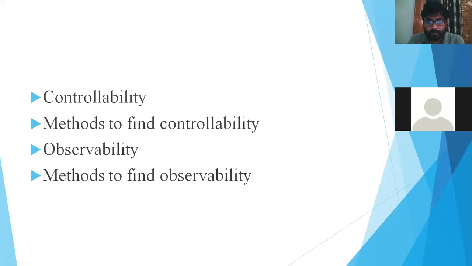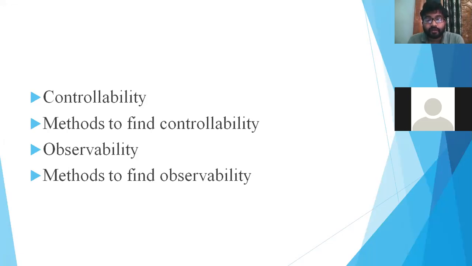These two are very important, very easy. Here you need to identify whether the given system is completely controllable or not, whether the given system is completely observable or not.